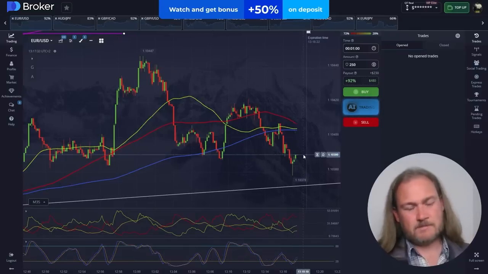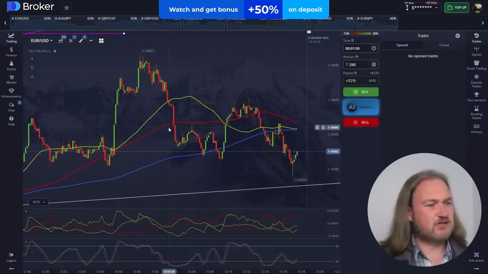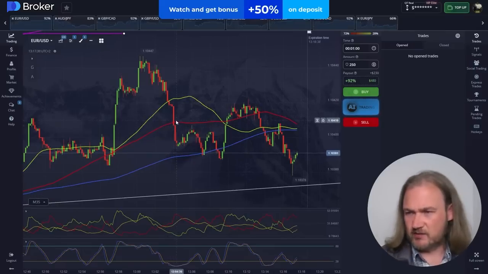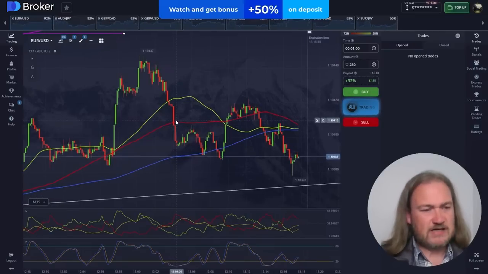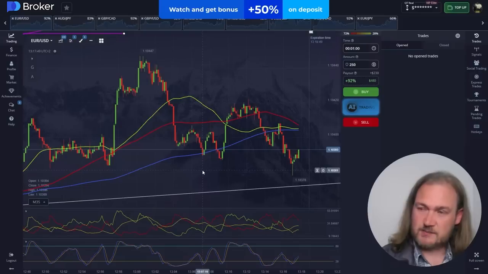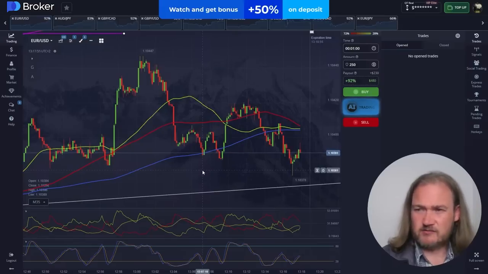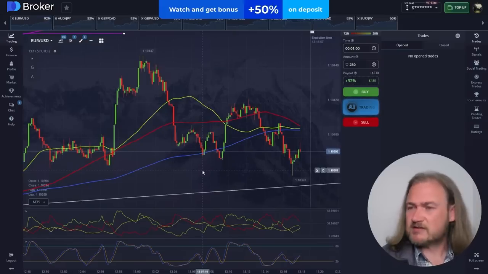So divergence, trend lines, and moving averages. The moving averages I've got on my chart here at the moment are the classical ones, 50, 100, and 200. So when a DI spike coincides with a moving average and my ADX is still low, that's one of the things I like to trade.